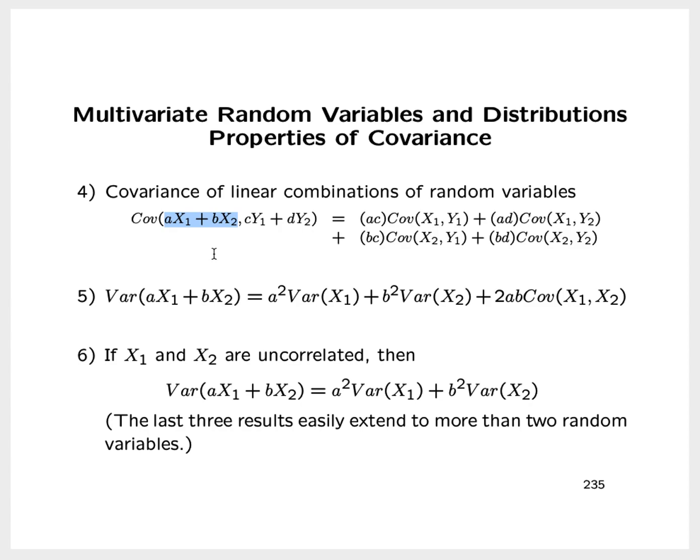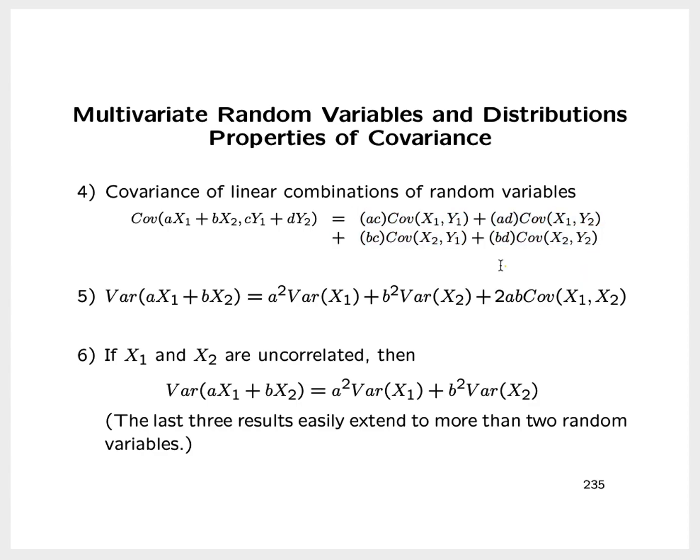That's the first random variable in the argument list for the covariance. And the second random variable in the argument list is this linear combination of two random variables, y1 and y2, so c times y1 plus d times y2. And it turns out that this covariance can be rewritten in the following way.